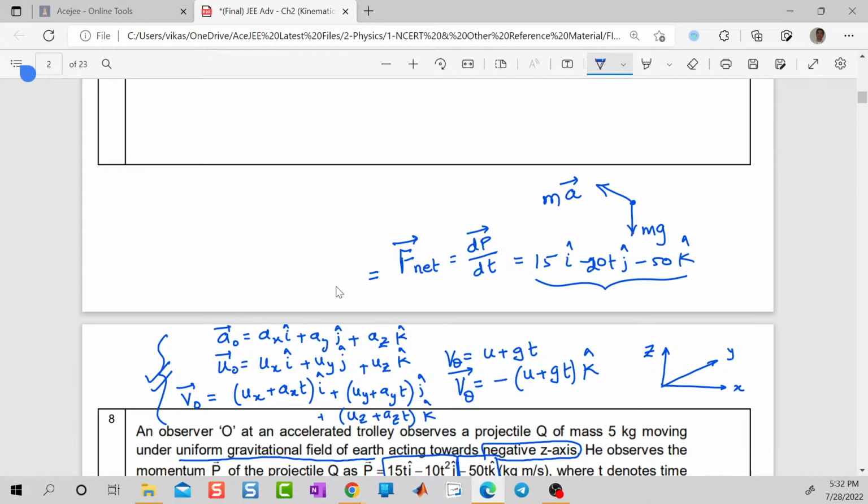Oh, so you are saying the only thing that could explain it with respect to time is that the trolley cannot be playing any role there. Otherwise this will not be minus 50, or the velocity cannot be minus 10t, relative velocity. Yes, sir, because 10t is purely on account of the gravitational acceleration. Hence, it proves that the trolley must be moving in the horizontal plane.